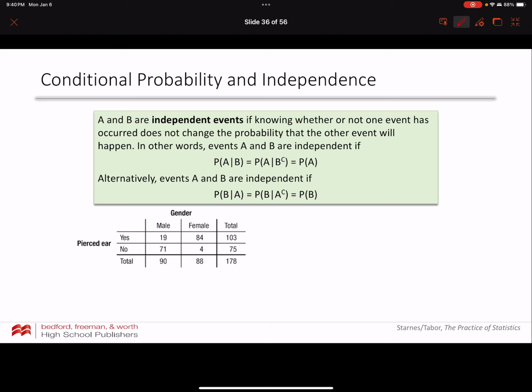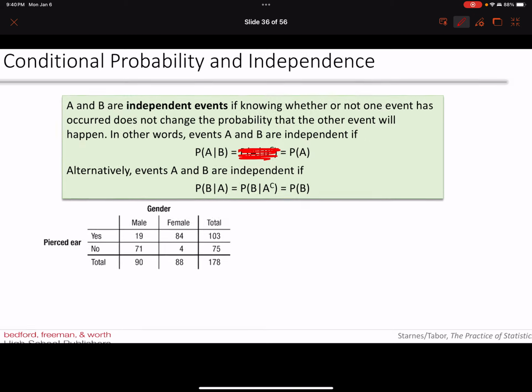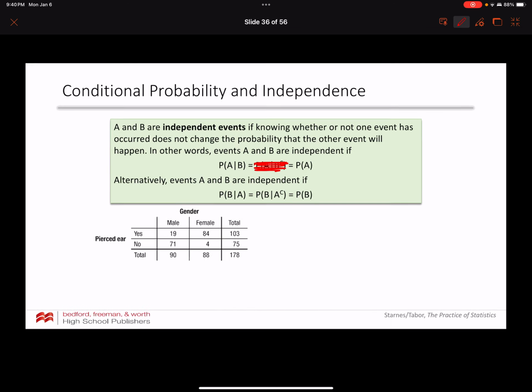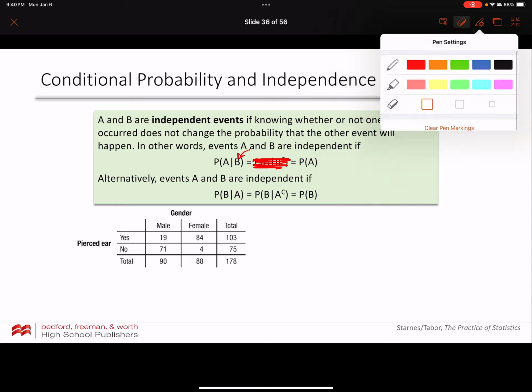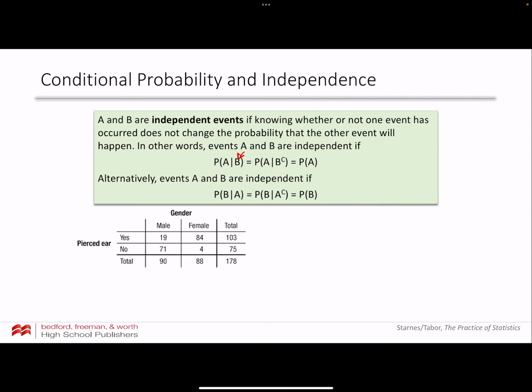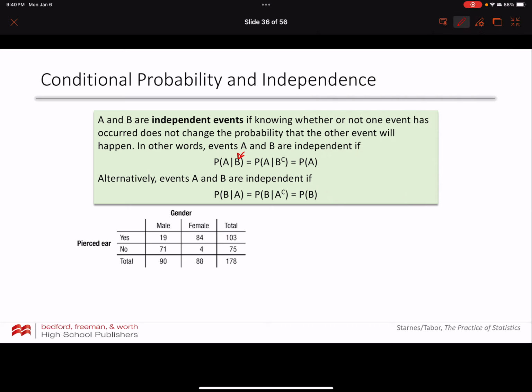A and B are independent if, and I want you to kind of ignore this for a second, just think about this: the probability of A given B is equal to the probability of A. In other words, it doesn't matter whether B has happened or not. And that brings us to this B complement thing here. So whether B happened or whether B didn't happen, the probability of A is always the same.